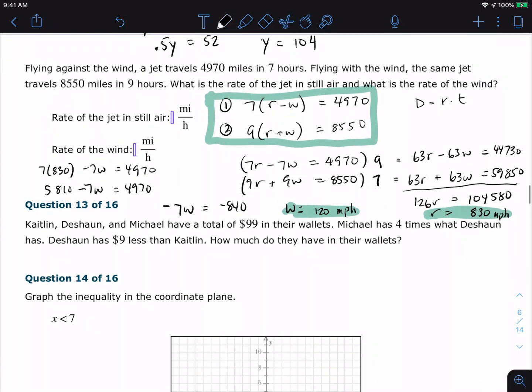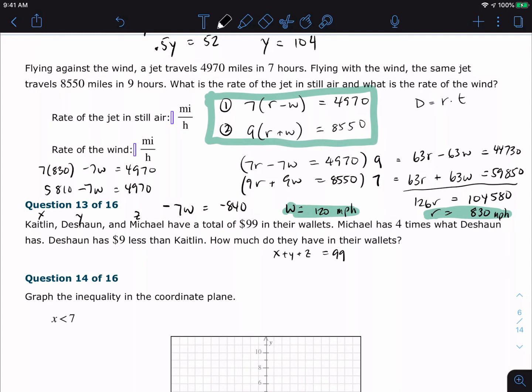Okay. In our next example, they're giving us 3 people. So we have Caitlin, we'll call X, Deshaun is Y, and Michael is Z. And they have a total of $99 together. So that must mean that X plus Y plus Z is equal to 99.